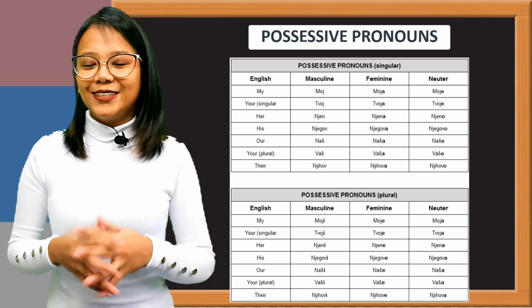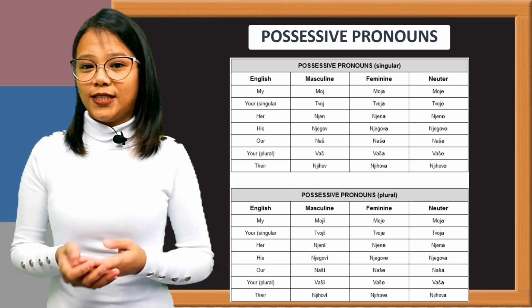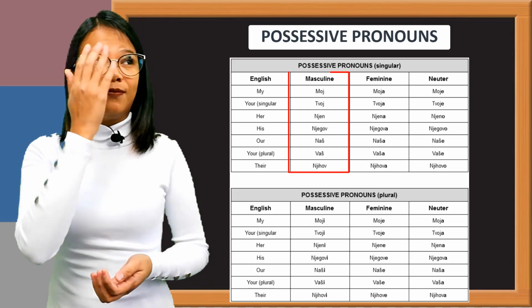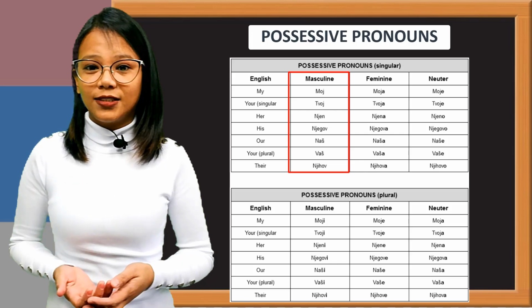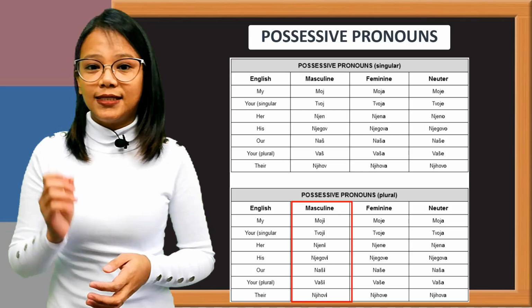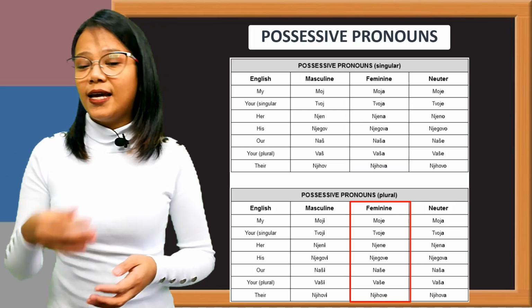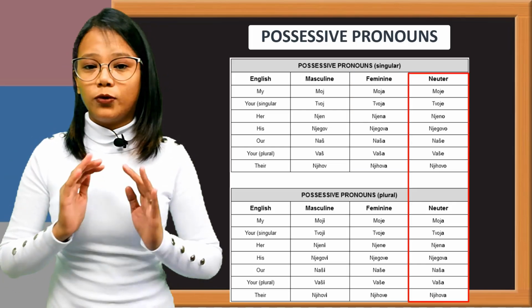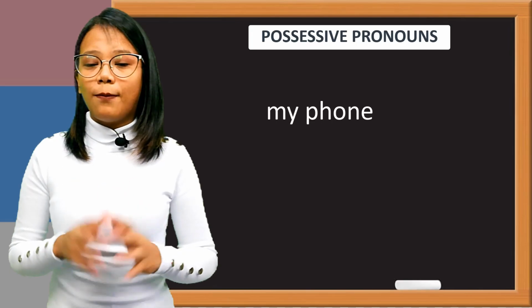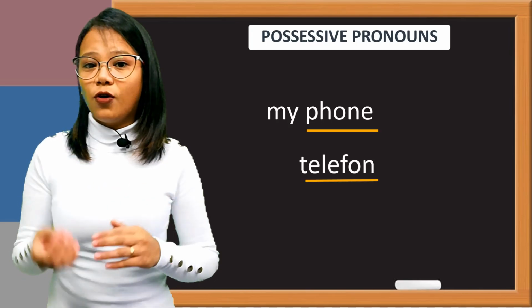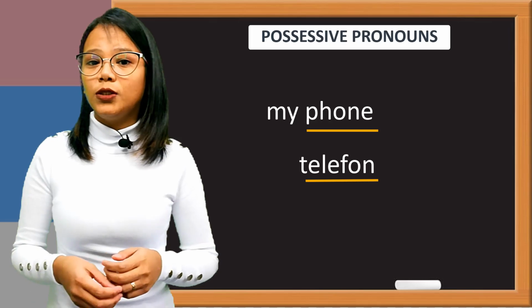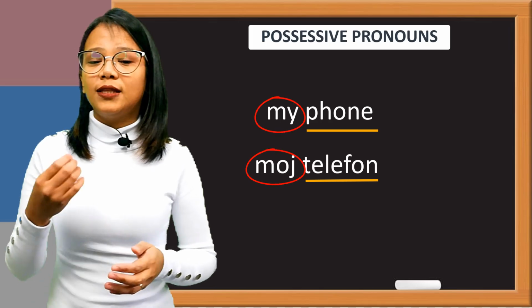Let's go to possessive pronouns. Same rules again. If you notice, in masculine singular, the ending is a consonant. And if it's plural, then the ending is i. And if it's feminine, then it's a. And if it's plural, then e. And so on. Same rules. Let's have an example. My phone. So, telefon is masculine. So, we will use moj. Moj telefon.